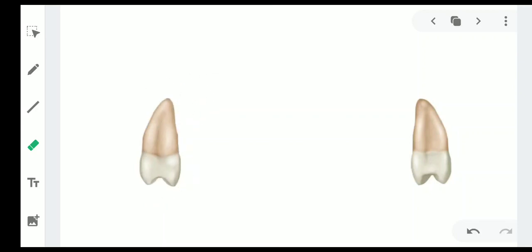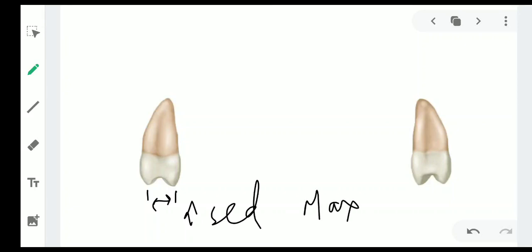Another thing we see from this side, mesial or distal aspect, is that the distance between the two cusp tips, this and this, is increased as compared to the maxillary first premolar.